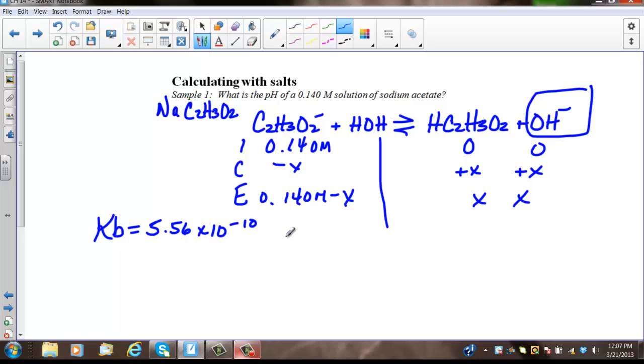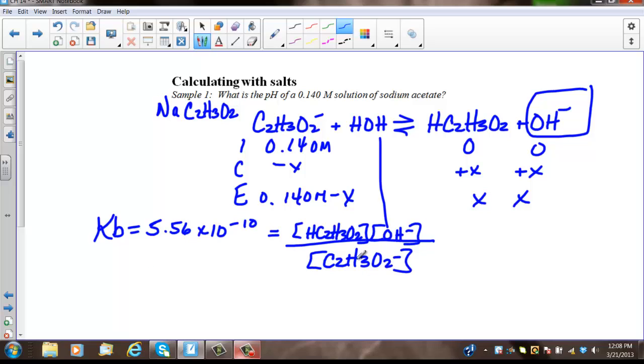You get that from your Kb table. And that's going to be equal to the concentration of HC2H3O2 times the concentration of OH minus over the concentration of the acetate ion. 5.56 times 10 to the negative 10 equals x squared over 0.140 minus x.